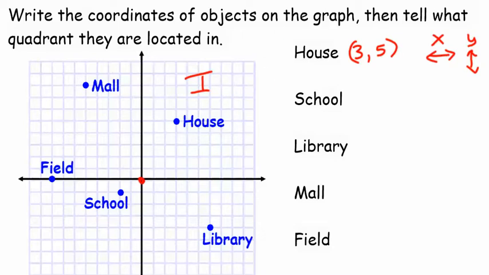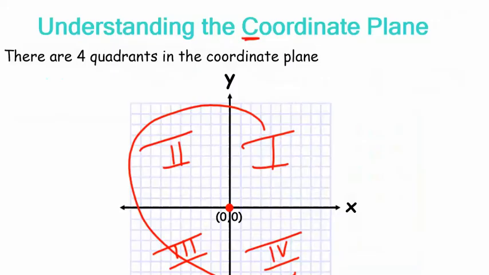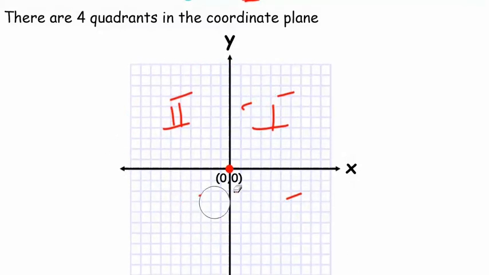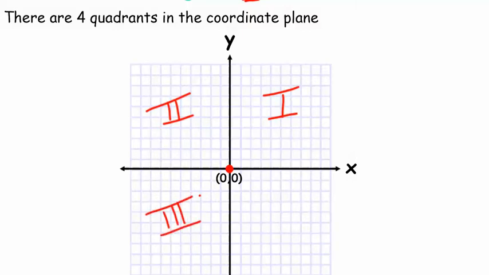Let me pause for a second and go back because I really didn't talk about this. I want you to go back to the beginning of your notes too. I messed up not telling you this part, so let's talk about this again. Here is quadrant 1, quadrant 2, quadrant 3, quadrant 4, okay? Remember, quadrant 1 is always going to be a positive X and a positive Y. It's always positive, positive, okay?